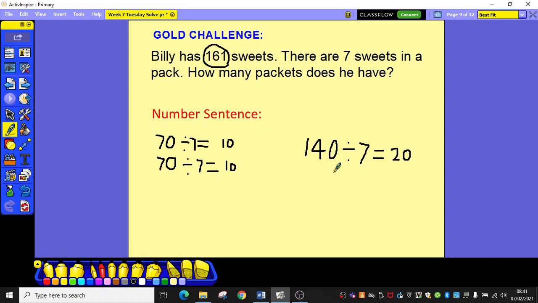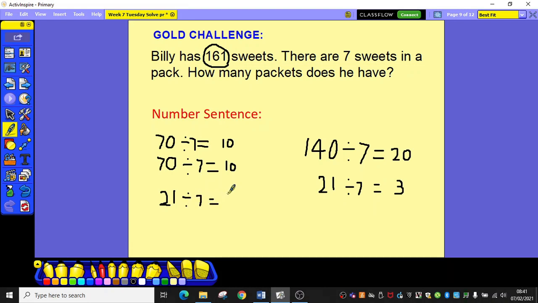So if I'm at 140, what have I got left to get to 161? Well, it's 21. Okay, 140 add 21 gives me my 161. And I know that most of us are fairly familiar with this division fact, 3 sevens are 21.